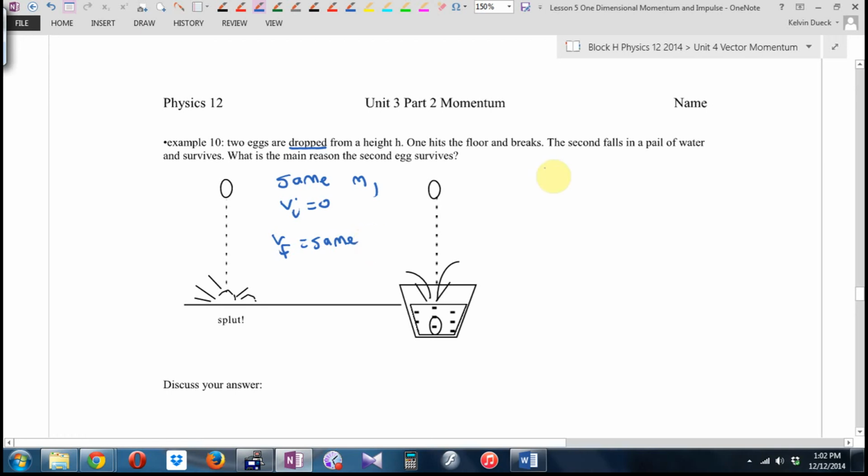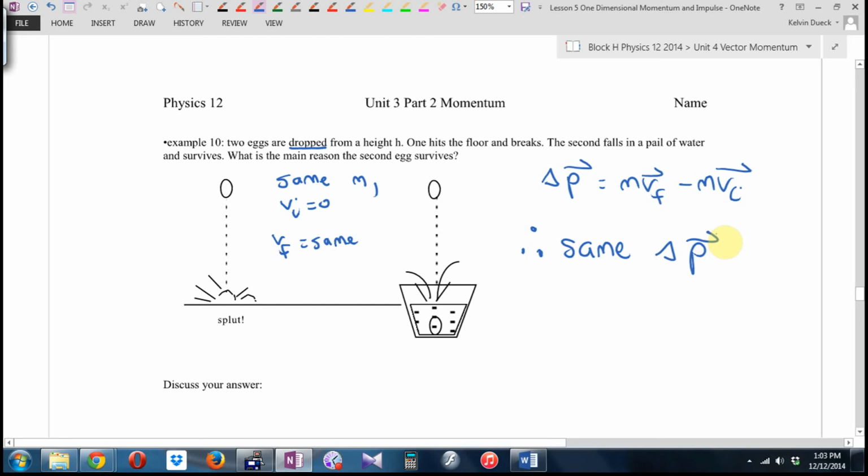Well, if impulse is mv final minus mv initial, and if they both have the same mass, and they both have the same initial velocity, and they both have the same final velocity, what else do they have the same? Same change in momentum.